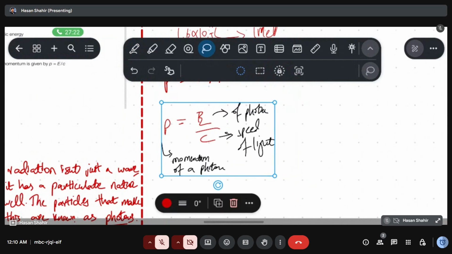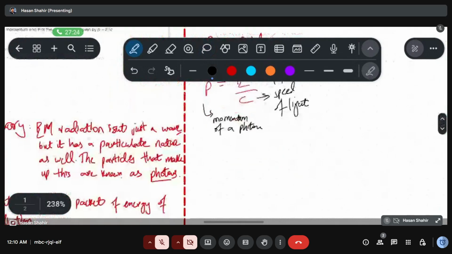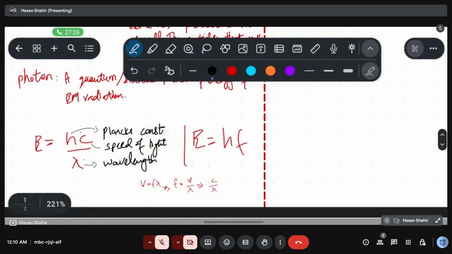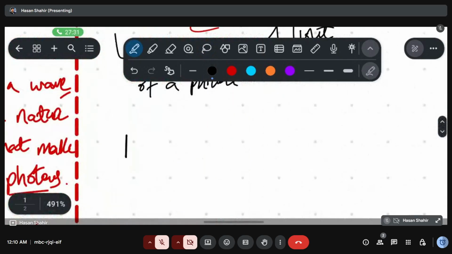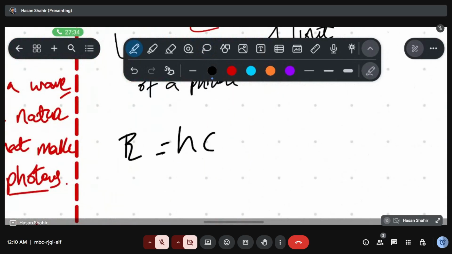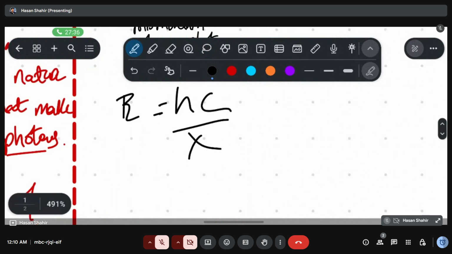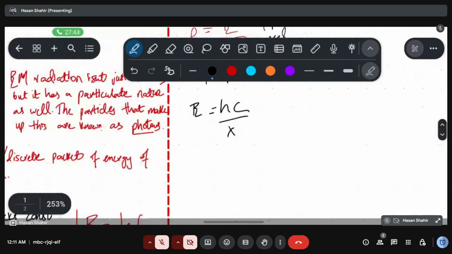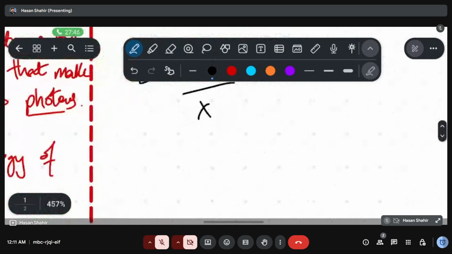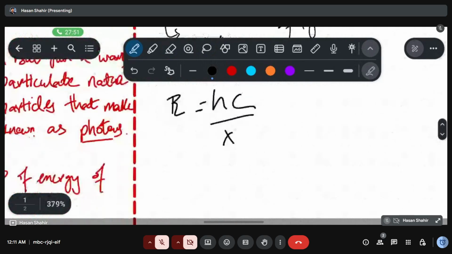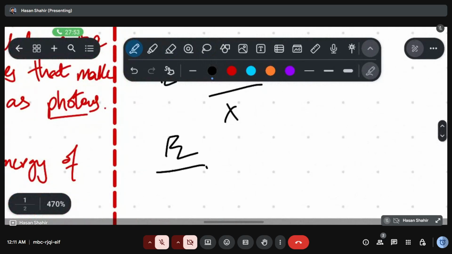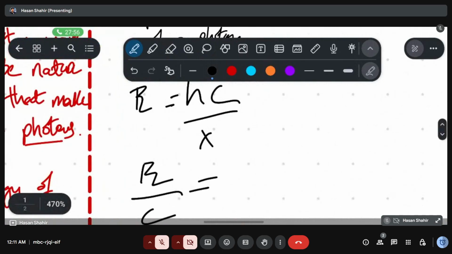By this, we can generate another concept using the first formula that we just ran over. Since E is equal to hc upon lambda, and since P is equal to E upon c, we can reorganize this and make E upon c the subject. So we are going to get h upon lambda.